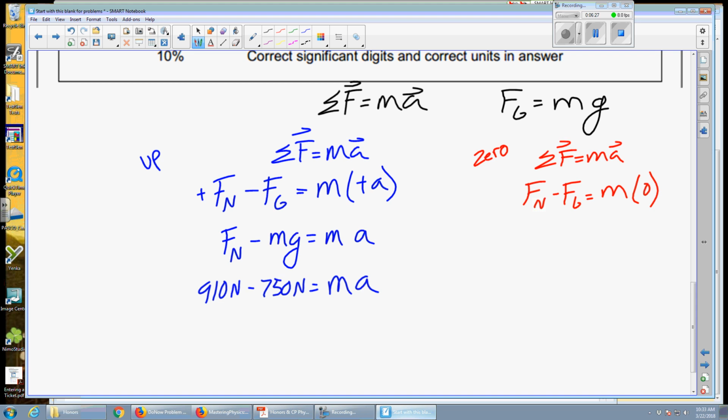I knew my scale reading then was 750 newtons. That's how I knew my mg was 750. And that's going to equal mg. Little substitution on the fly. So 750 newtons over 9.81 newtons per kilogram will equal m.